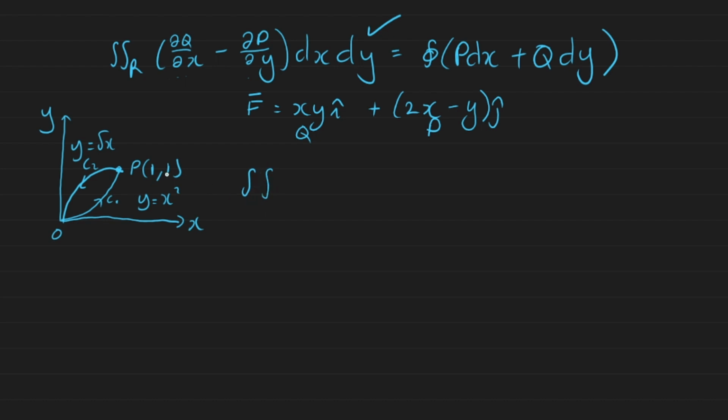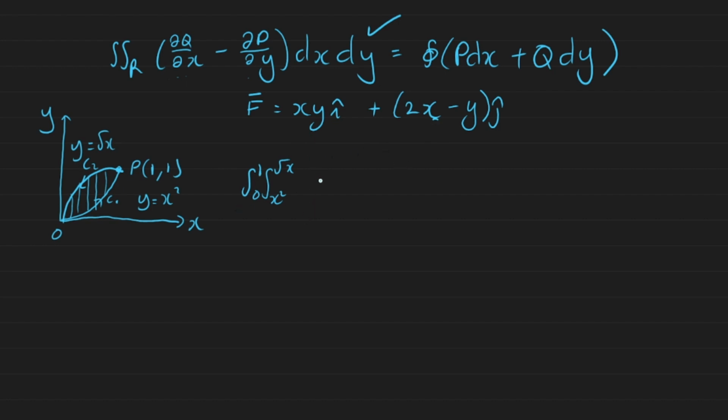We can just take a thin strip like that, and we're integrating from y equals x squared all the way to the square root of x, which is the top curve. In the x direction, we're going from 0 to 1. So we're integrating these strips from 0 to 1.